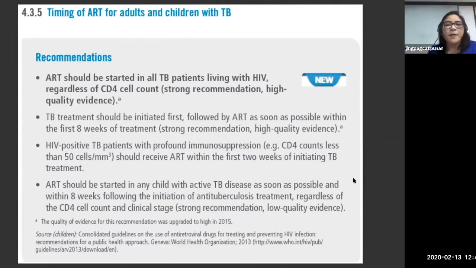Now this is for the TB in children. I would just like to say that we adjust the dosing and the timing of the ARV drugs when a child with TB has taken or started TB drugs.